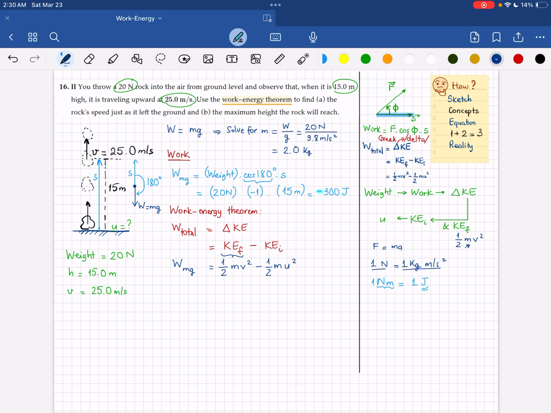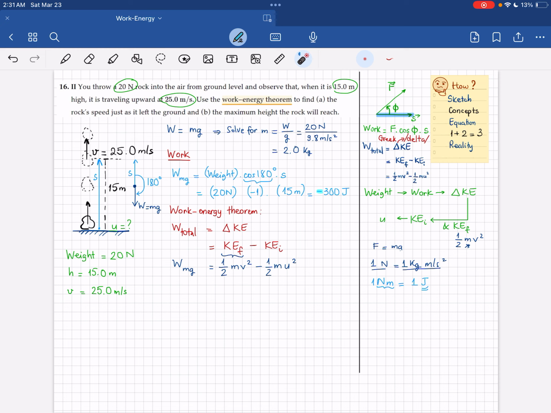Okay, so we can either start to plug in the values up to this point, or usually I would recommend you rearrange them in a simpler form first, and then plug in the numbers at the final stage.